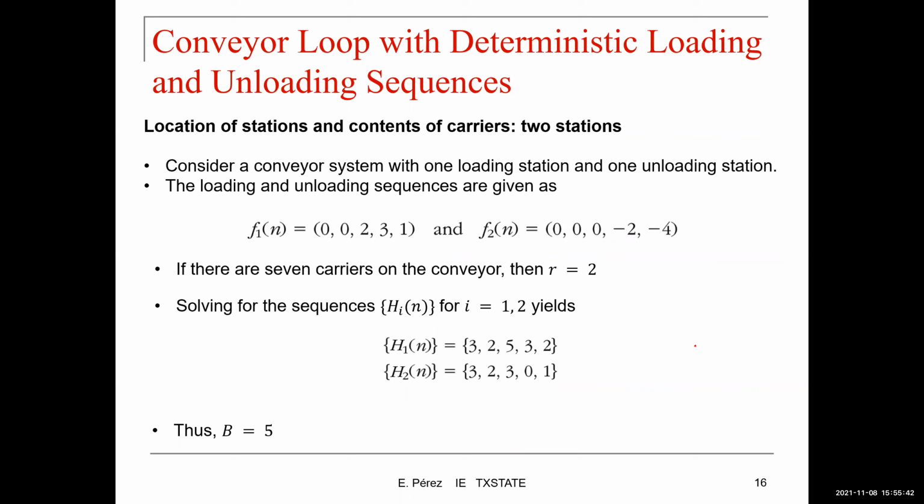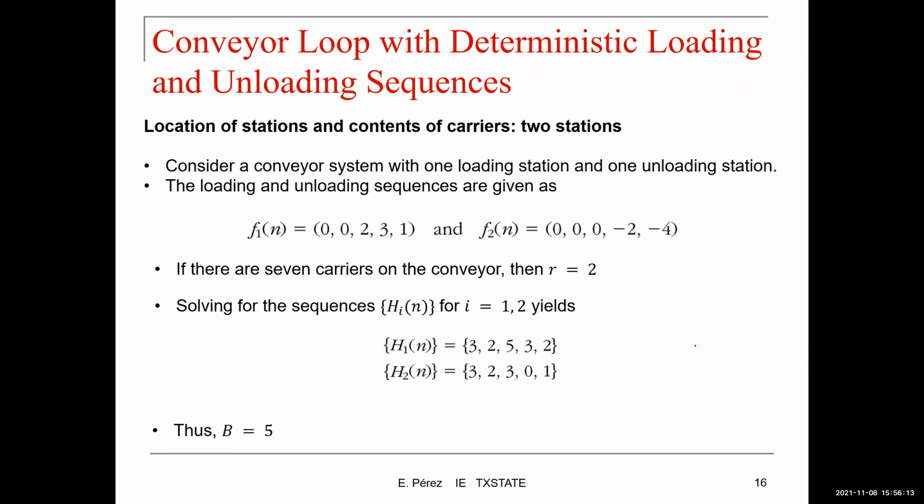Okay, so location of stations and contents of carriers, 2 stations. Consider a conveyor system with 1 loading station and 1 unloading station. The loading and unloading sequences are these ones. If there are 7 carriers on the conveyor, then R equals 2. Solving this sequence, again going through the same process, will give you this final number.